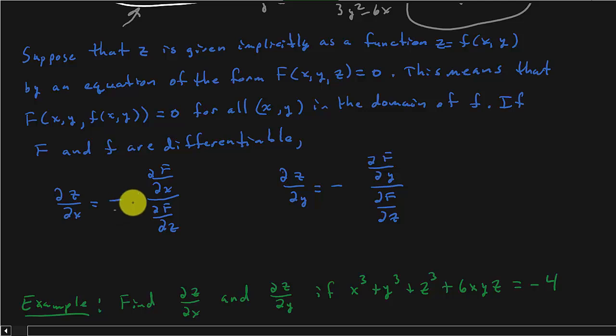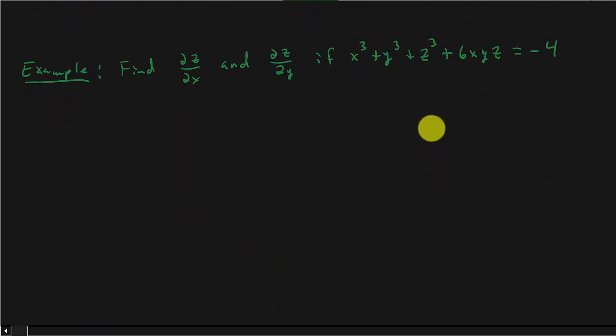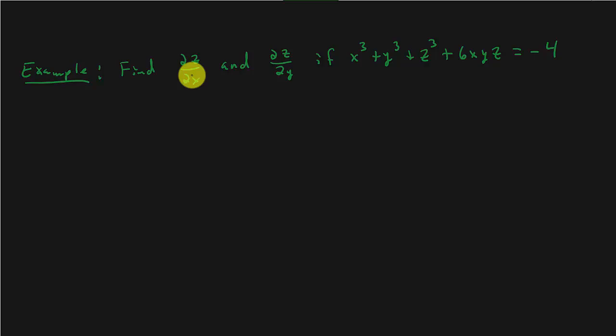All right, so this is implicit differentiation for multivariable calculus. We have a function here, and they want us to find the partial with respect to x and the partial with respect to y. So let's find it and see what we get.